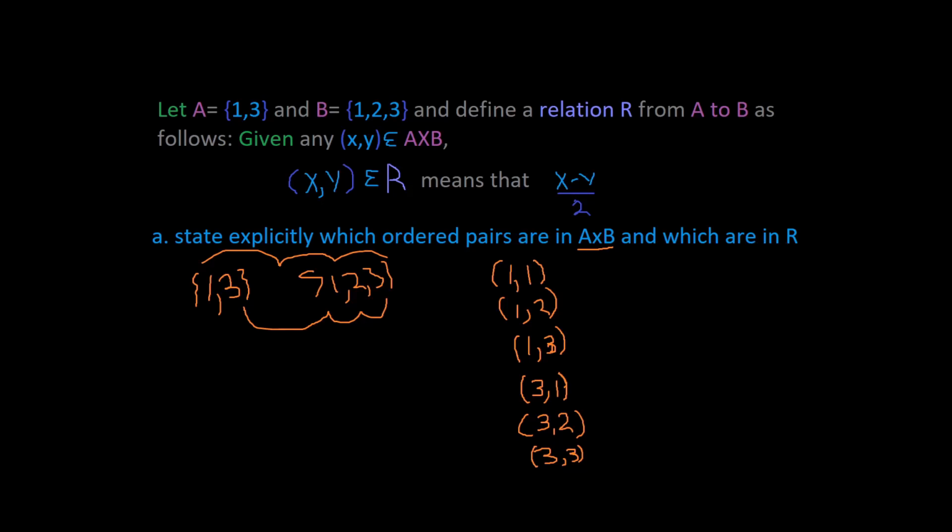In order for us to do that, we need to plug them into this given function here. It says that (x minus y) divided by 2 is an integer, so we're looking for an integer.